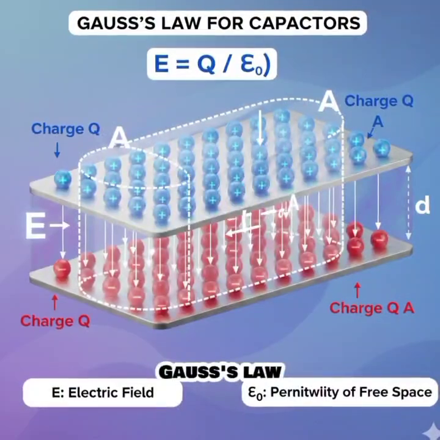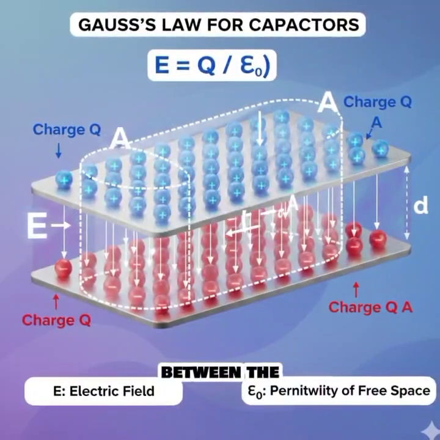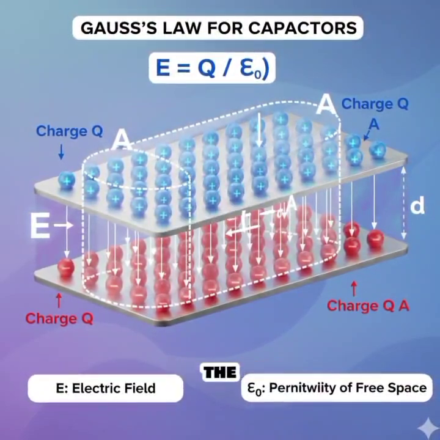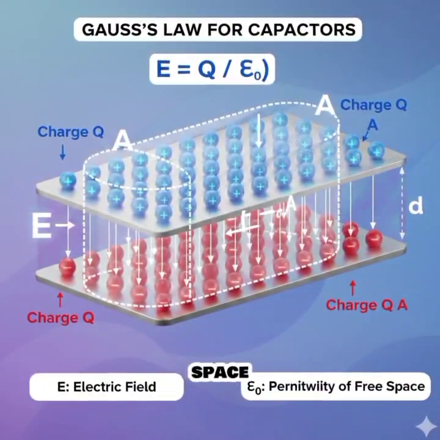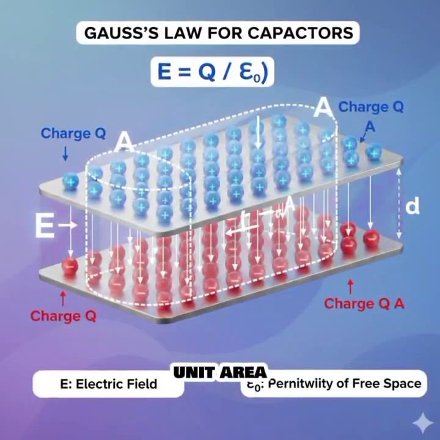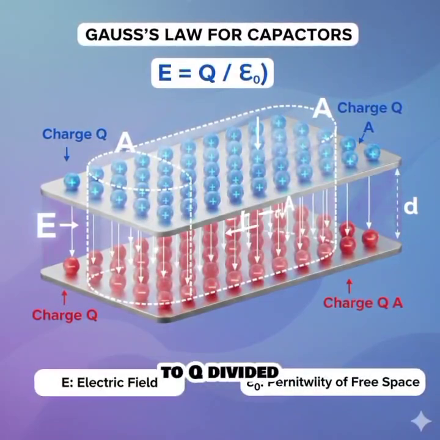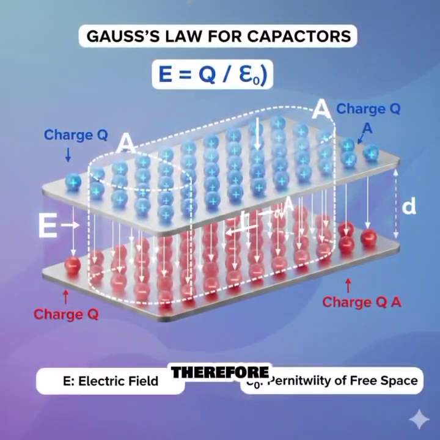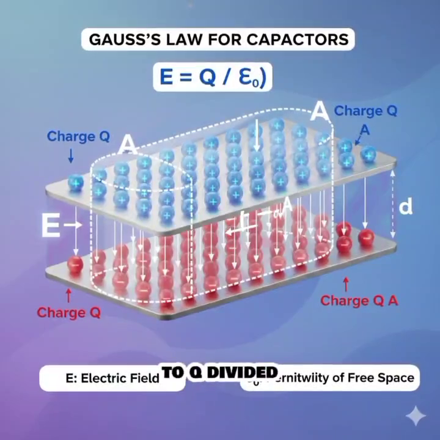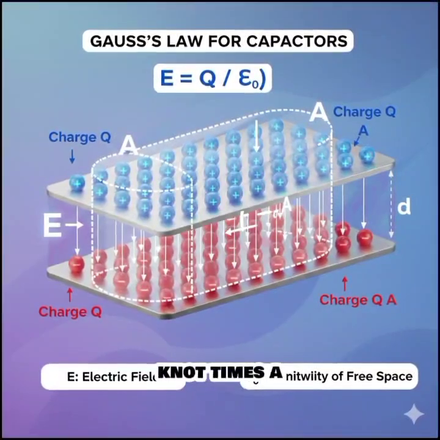Using Gauss's law, the electric field between the plates is equal to the surface charge density divided by the permittivity of free space. Surface charge density is defined as charge per unit area and is equal to Q divided by A. Therefore, the electric field between the plates becomes equal to Q divided by epsilon naught times A.